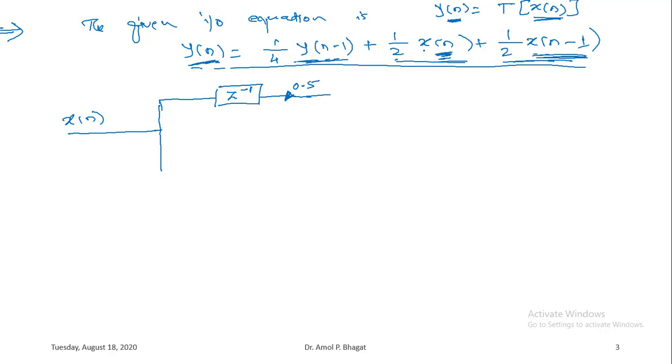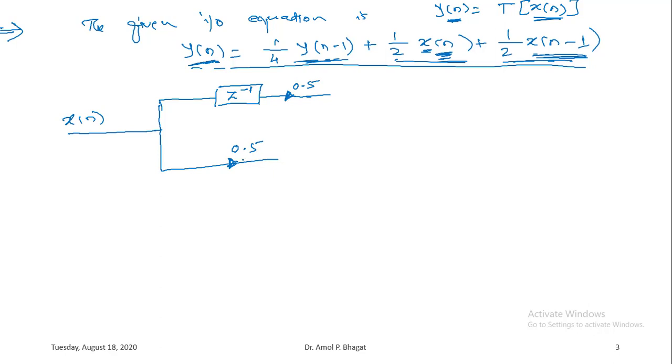Similarly, this x of n is simply multiplied with the constant 0.5. So I have used one unit delay element and two constant multipliers here.